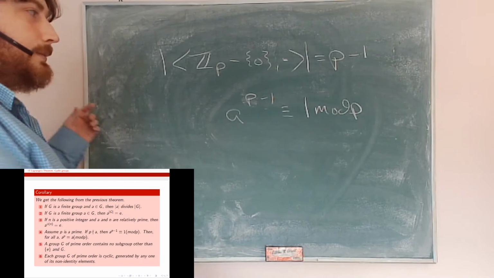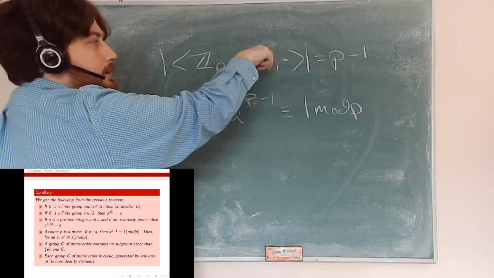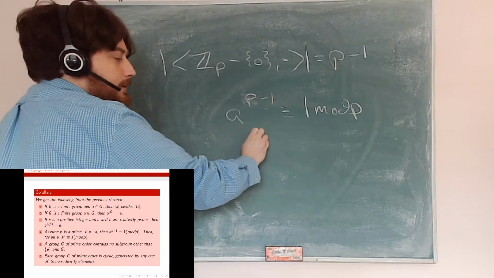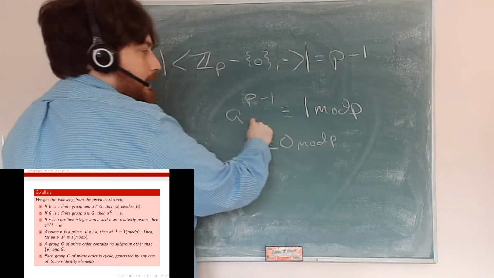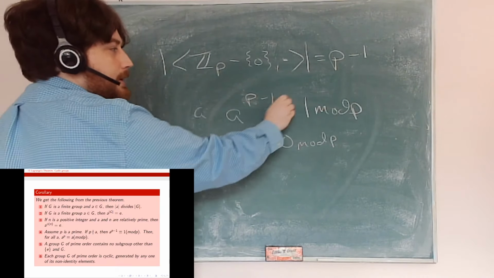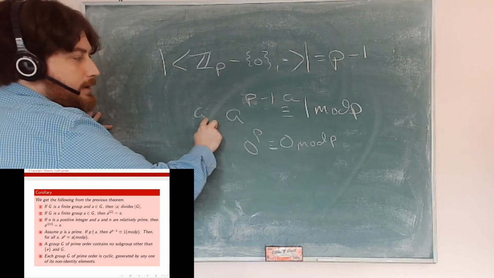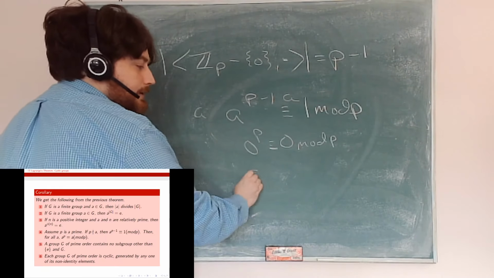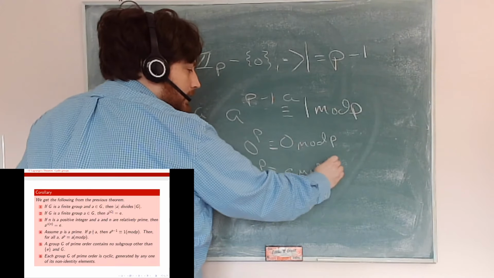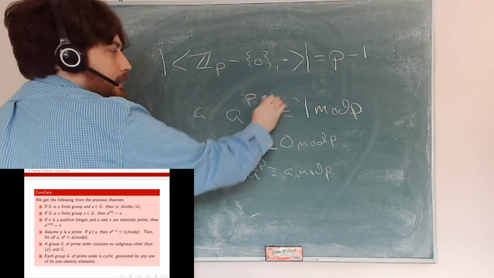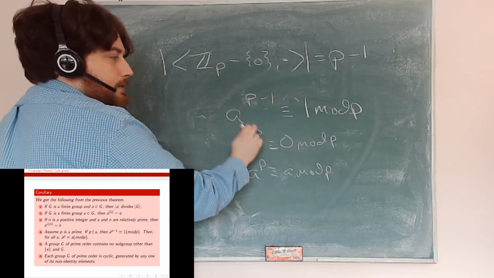The only other option was if we throw 0 in. We know that 0 to the P is congruent to 0 mod P. And if we use this one and multiply both sides by A, we get A to the 1 times A to the P minus 1, which is A to the P, congruent to A mod P. So we don't quite get A to the P minus 1 equal to 1 for 0.